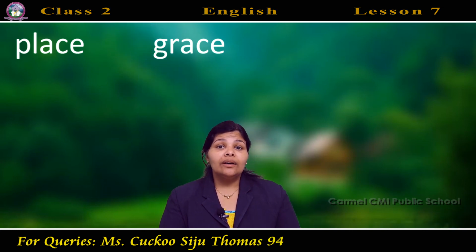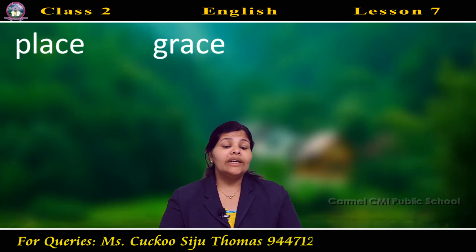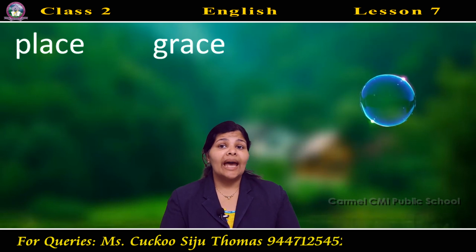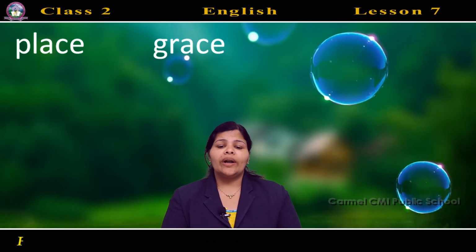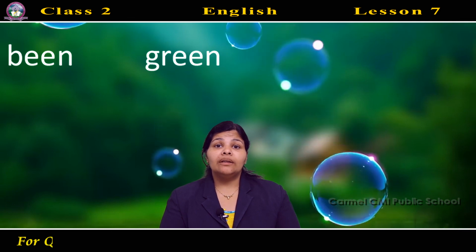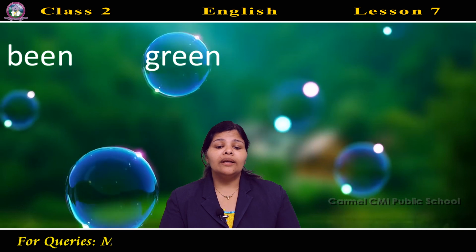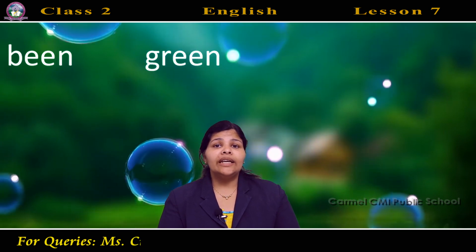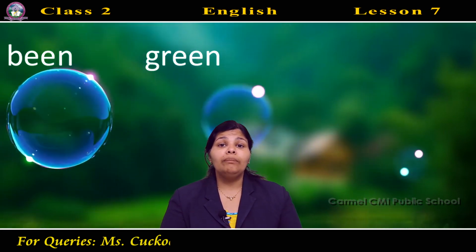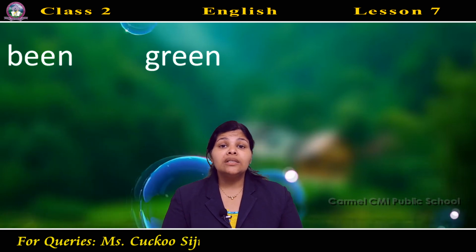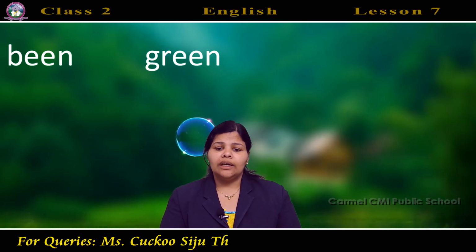Place and grace. Look at the end sound. It has got the same sound. Next one, bean. What is the poet telling at the last? Go green. So bean and green. The last sound should be the same in rhyming words.